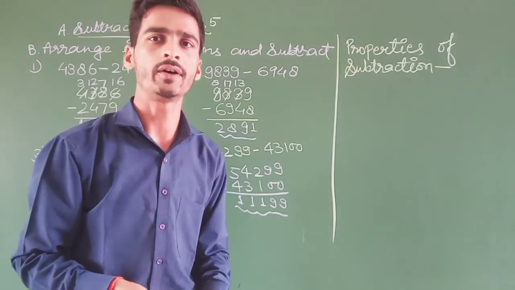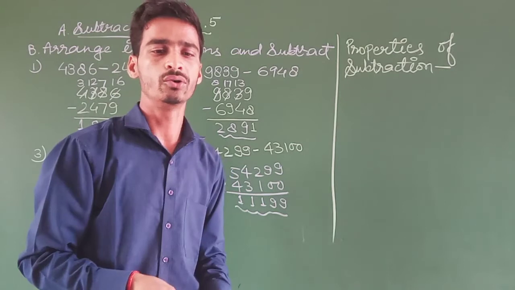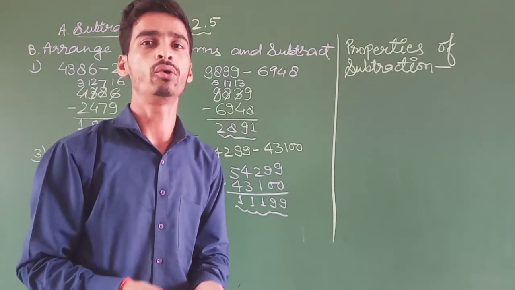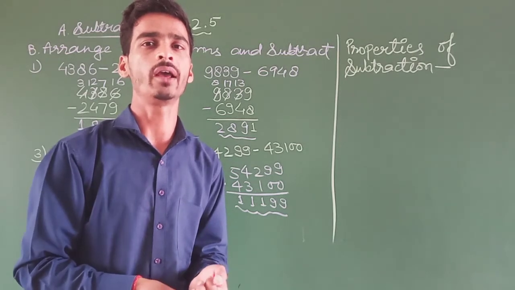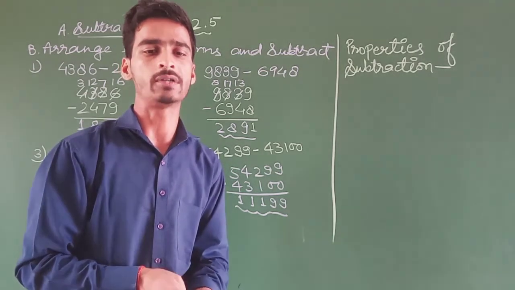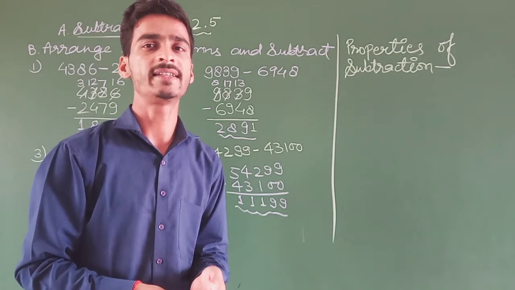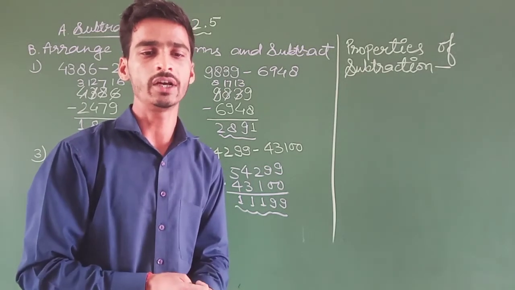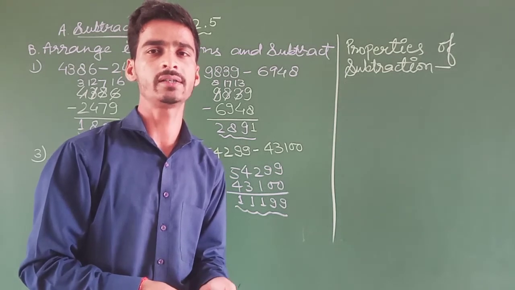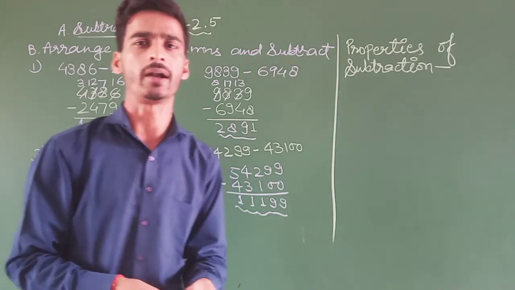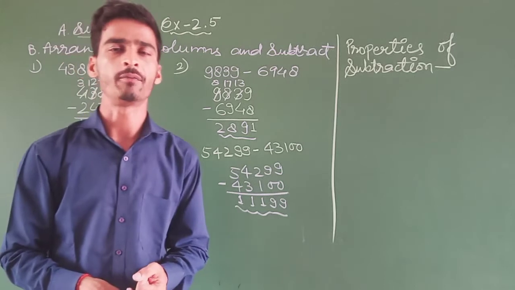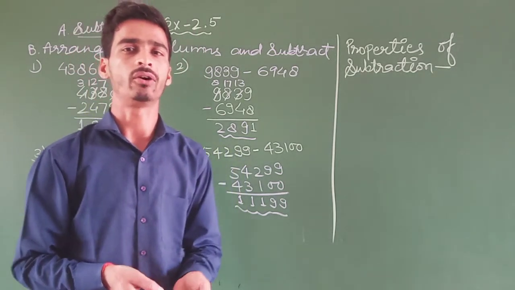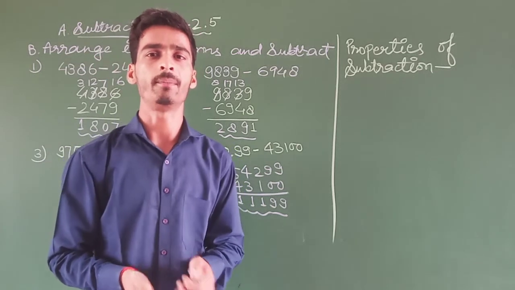You know that in properties of addition, there are three facts. So there are also properties of subtraction. Listen carefully and understand. In properties of subtraction, there are three properties. First one is subtracting 0, second one is subtracting 1, and third one is subtracting the number itself.